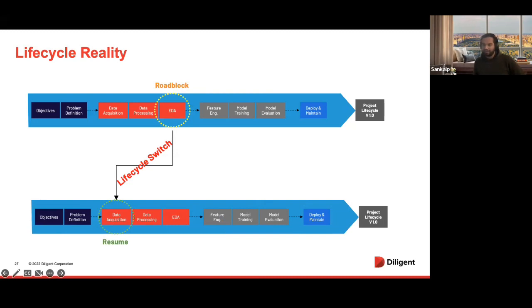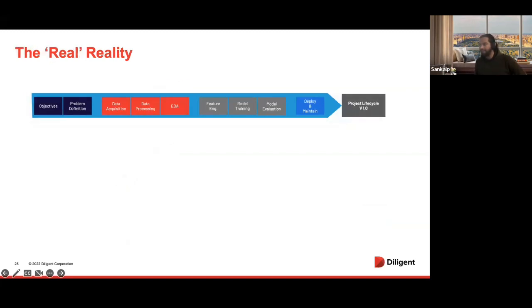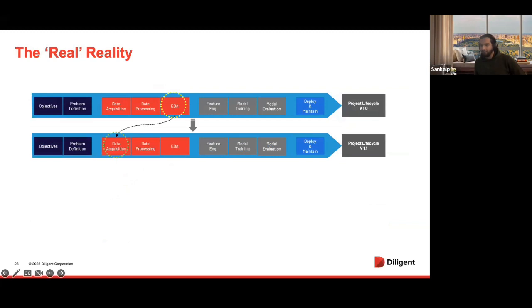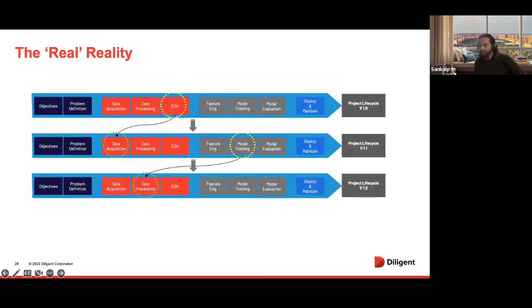Those need to go through all the subsequent steps as well. So that's where the idea of lifecycle switch comes in. And this is just one example, right? When you're actually doing machine learning projects, you would encounter multiple such roadblocks.